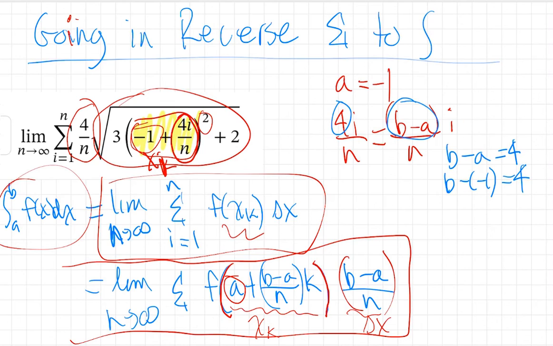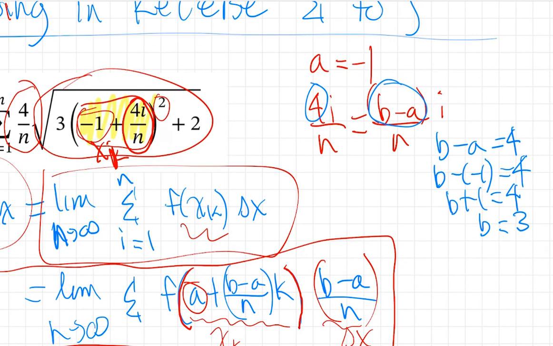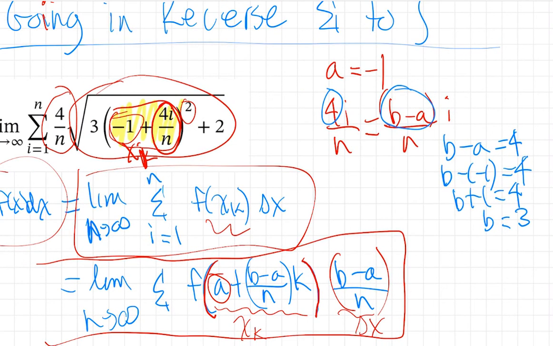So b plus 1 equals 4, and b equals 3. So we're going to do an integral from -1 to 3. And then what else do I have here?